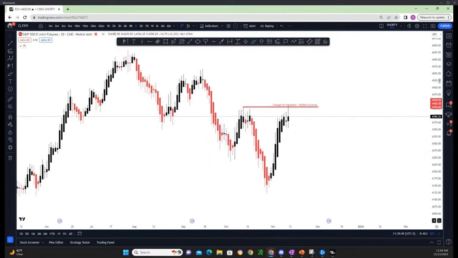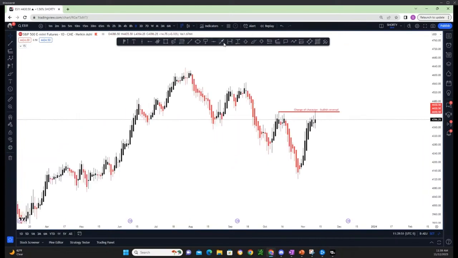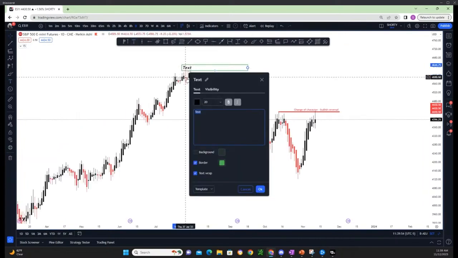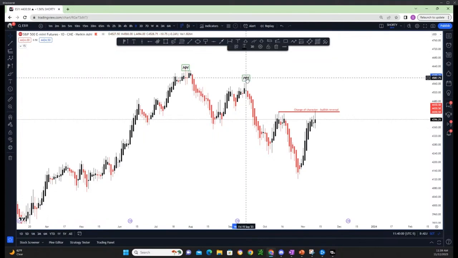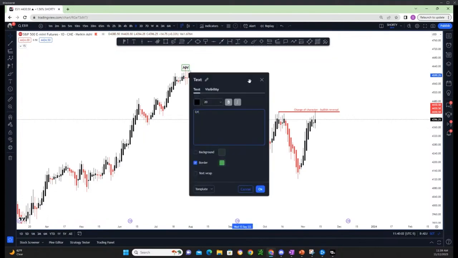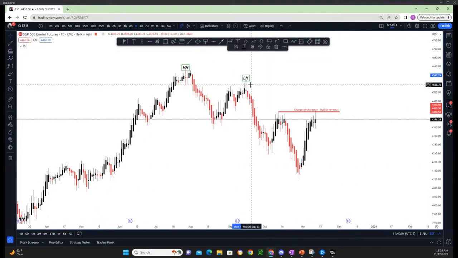Where's the break of structure for this structure now that we had, right? We had this one, which was a higher high, and then this one that was a lower high. So where's the break of structure for this trend?